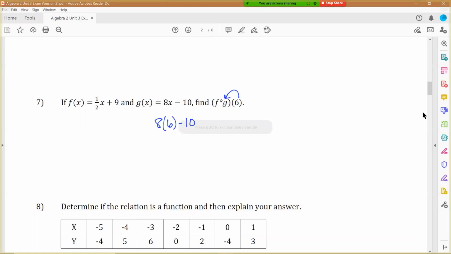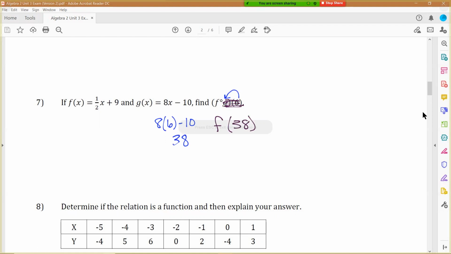So 6 times 8 is 48, minus 10 is 38. Agreed? Now, if I look back up here, I've taken care of the g and the 6. Now I need to find f of 38, because 38 is what I got when I evaluated g of 6.